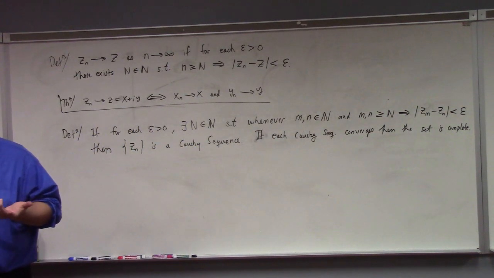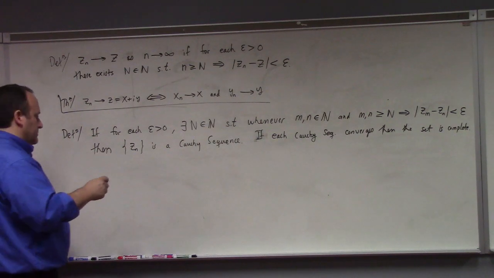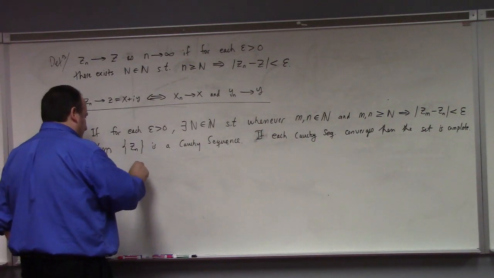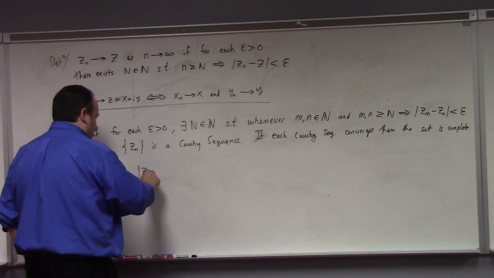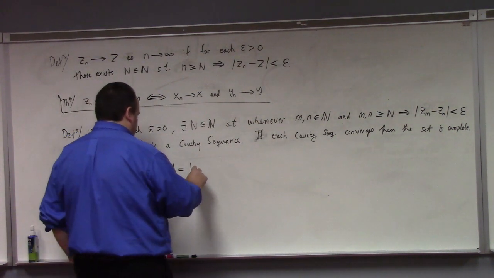One of your homework problems is to show that the complex numbers are complete. The way to do that is very much related to the help I got earlier today. Essentially you're looking at something like Zm minus Zn. This is a little hint for the homework.